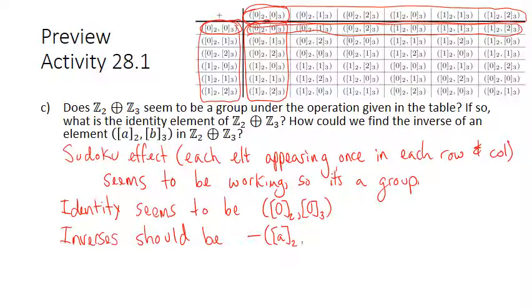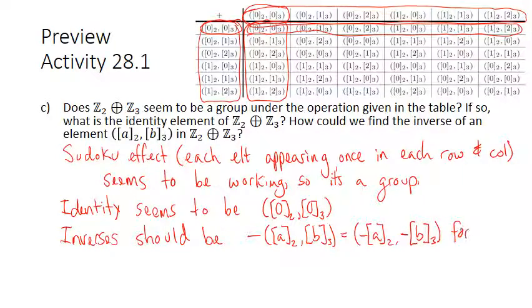In other words, we would just make both parts negative. Oops, I meant to put the negative inside, like this. And then, to actually find the negative within a modulus group, you might have to add the modulus a couple of times.